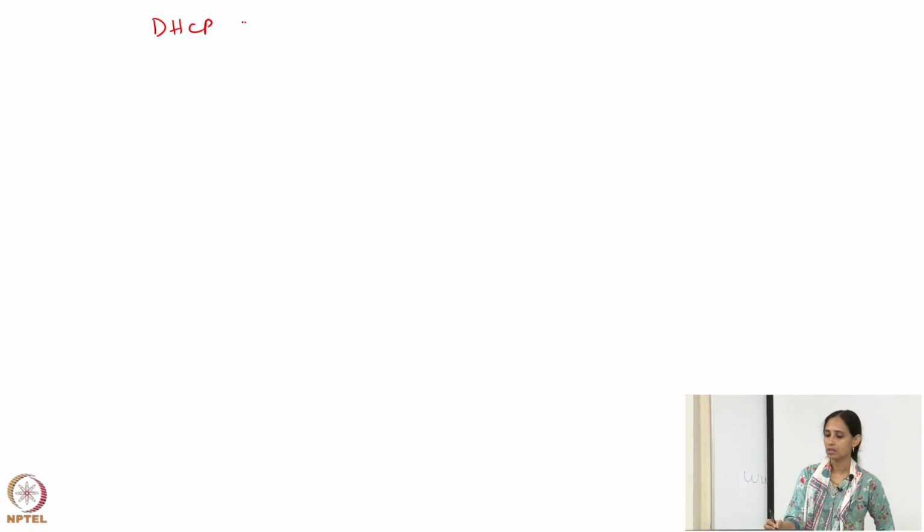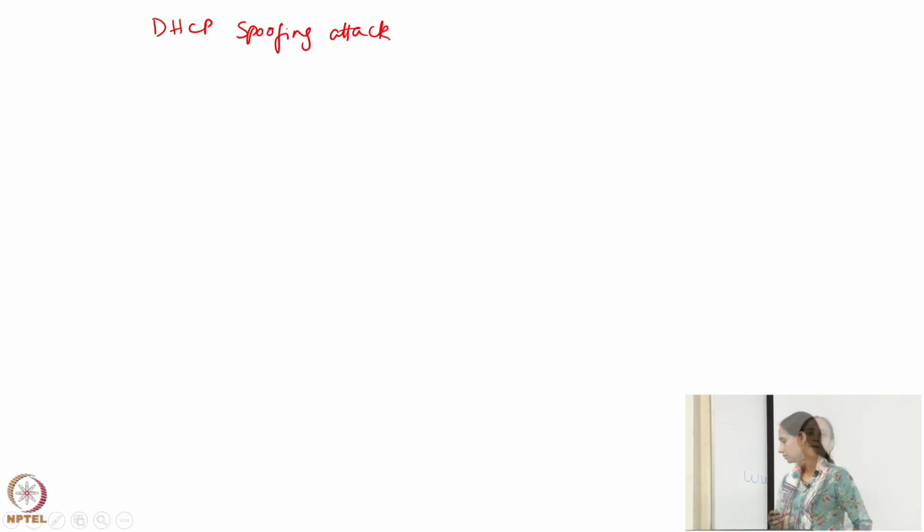So now let's look at the other attack, which is the DHCP spoofing attack. This is something we were talking about earlier: when the DHCP offer comes, you don't know who is sending it. It could be Mallory, right?